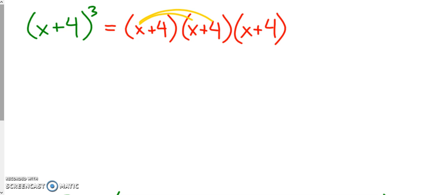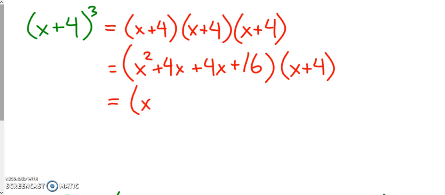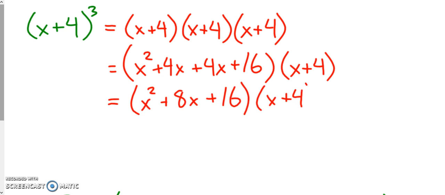So that would be x squared plus 4x. Then I'm going to have 4 times x and 4 times 4, so that would be plus 4x plus 16 times x plus 4. If I combine my like terms, that makes x squared plus 8x plus 16 times x plus 4.